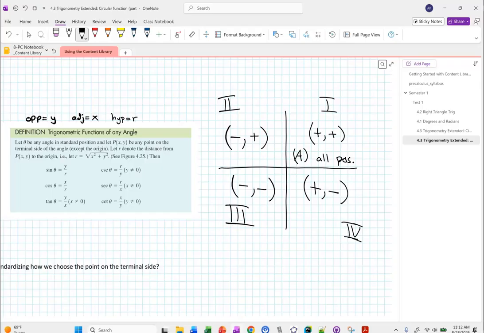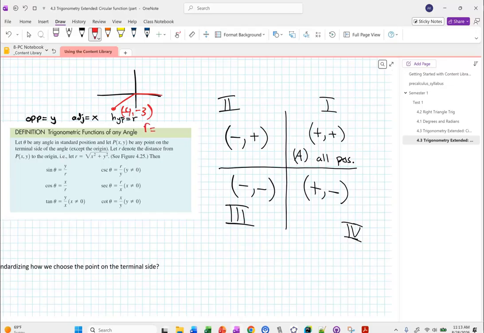So if we have a triangle like this, and up here it's (1, 0), there's no more triangle. There's just the point. That's all we need.